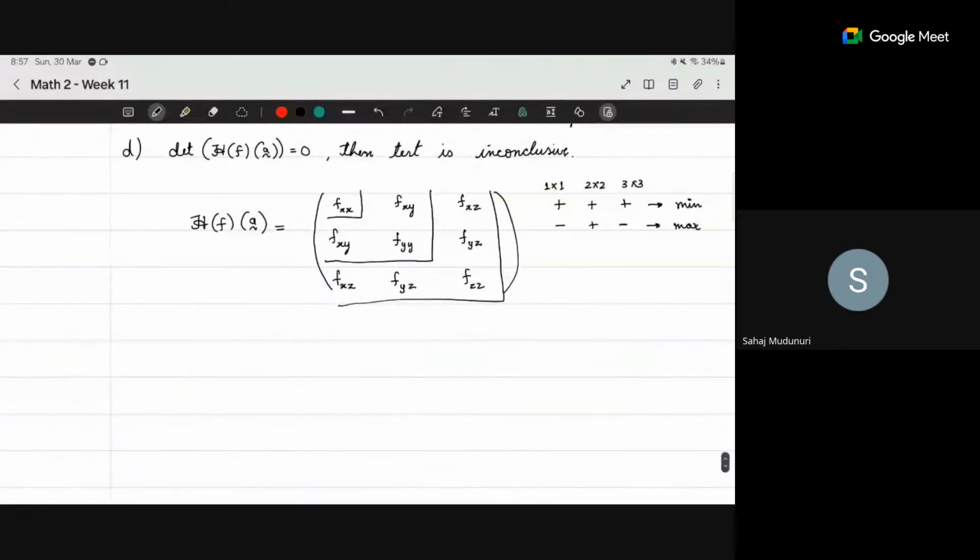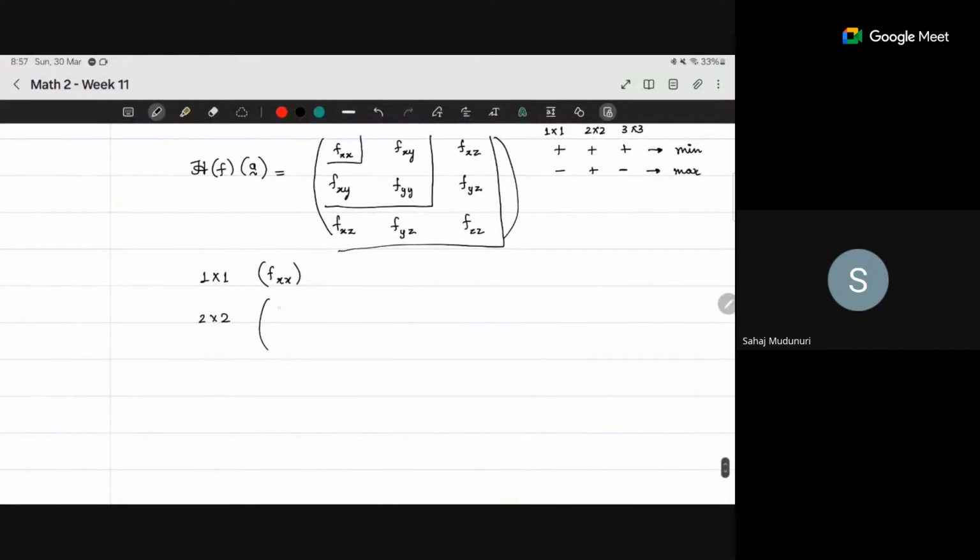Sure, sir. What is the 1x1 submatrix? The first 1x1 submatrix is just fxx, right? And then the 2x2 submatrix at the top left would be fxx, fxy, fxy, fyy.